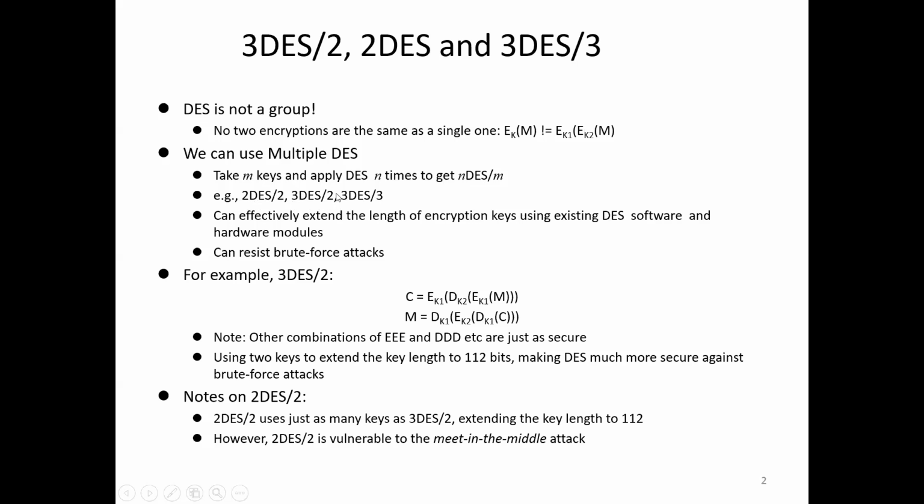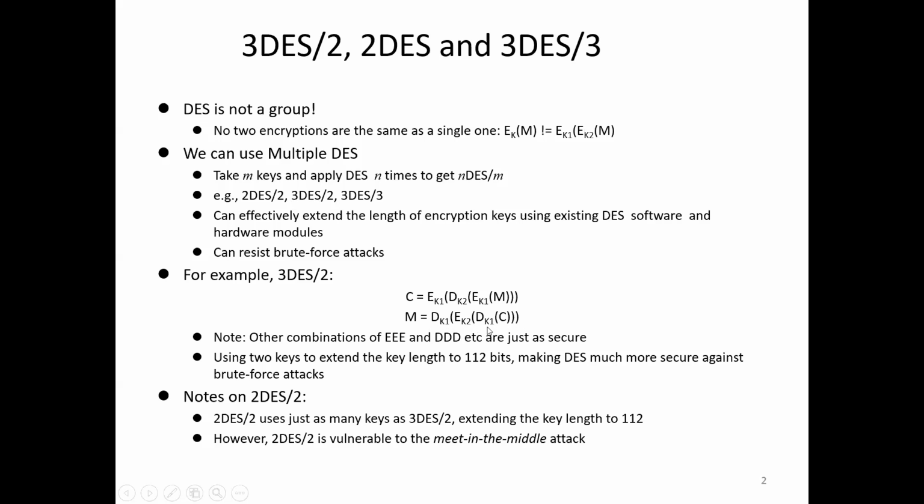Or you use 2 different keys, but you apply DES 3 times to get 3DES/2, or you get 3 keys and apply DES 3 times to get 3DES/3. Each time you use a different key.